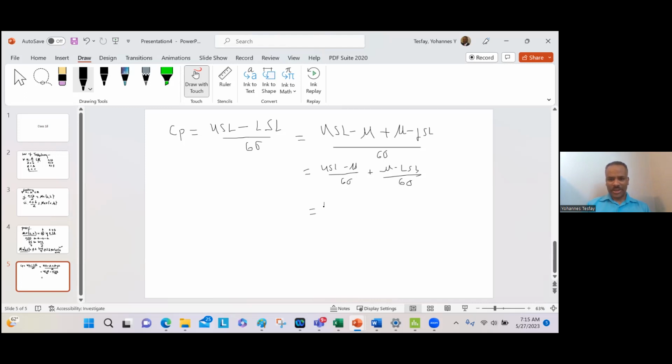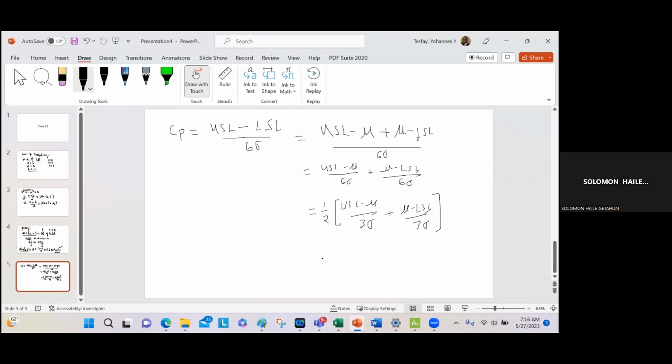That becomes like the average, okay? 1/2 times, in brackets, the upper specification limit minus mean divided by 3 sigma plus mean minus lower specification limit divided by 3 sigma. You see, it's common. Is that clear?